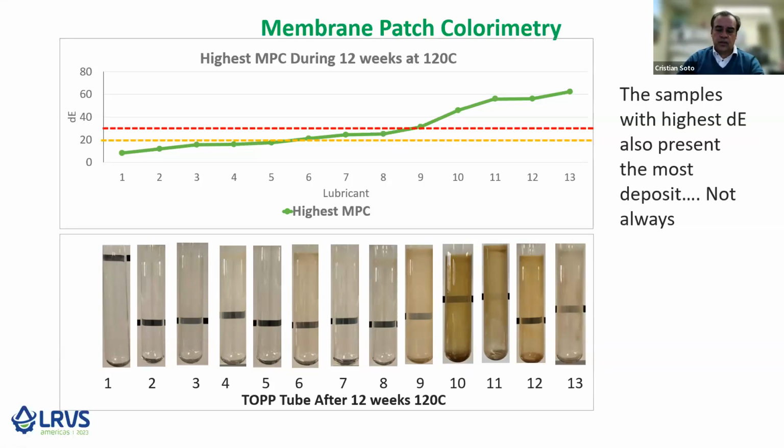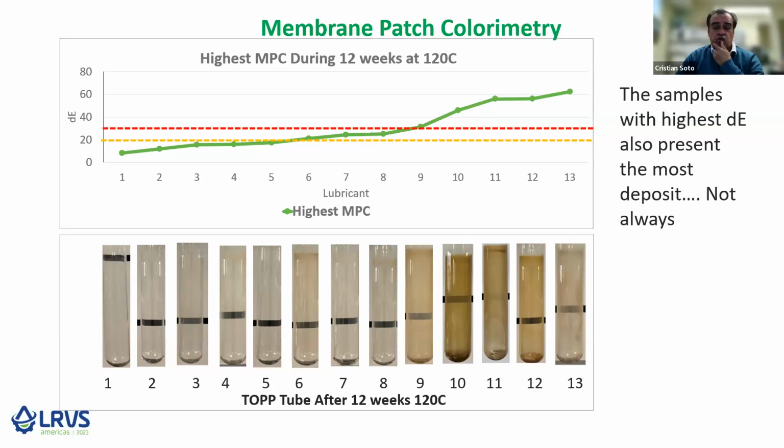We can see, for example, number 13 showing slightly less deposits, yet the highest MPC. But overall, there is a fairly good correlation between the MPC and the TOPP tubes in terms of deposits.